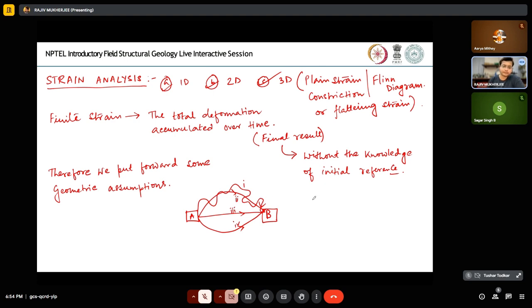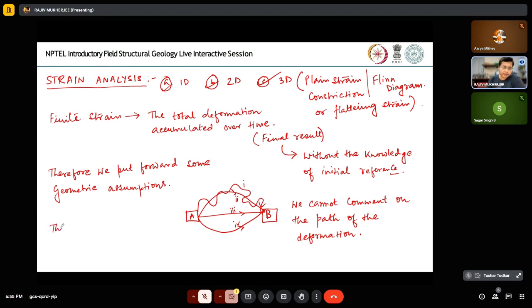So we cannot comment on the path of the deformation. It is not possible for us to actually encounter any of these paths, right?